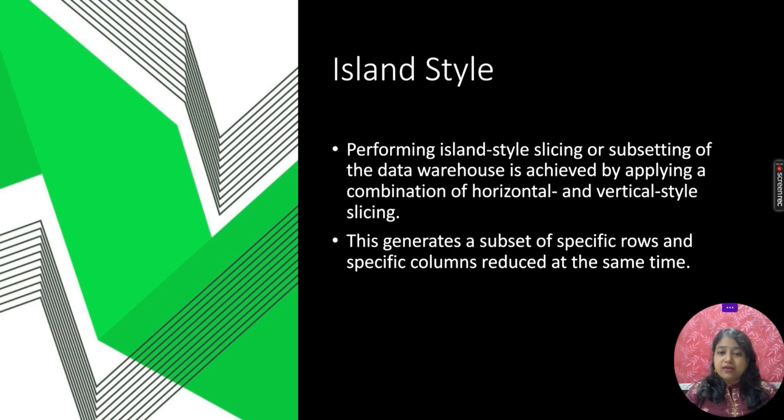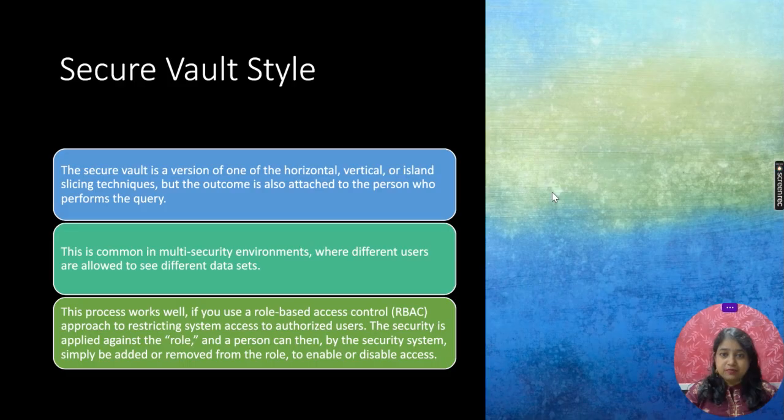For example, if we have 1000 employee records and I want to only display the employees whose salary is between 30,000 to 50,000, we can apply a filter and we want to only display the name and salary columns. So we only select those two columns. So it is island style slicing.